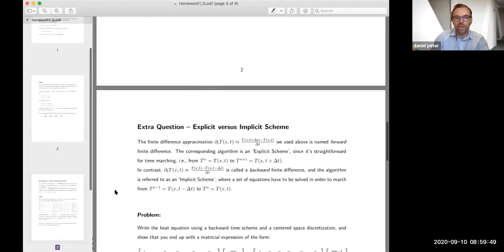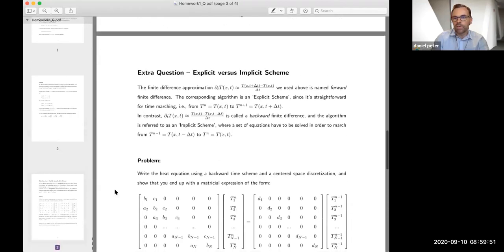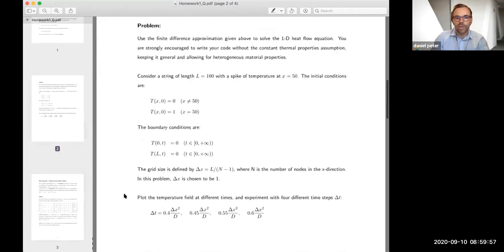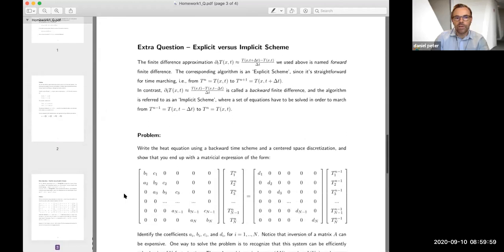So if you're brave, there are these extra questions you can play with. You don't have to. Start with the first problem. Then if you feel brave and don't have too many headaches, just try and look into these explicit versus implicit schemes.